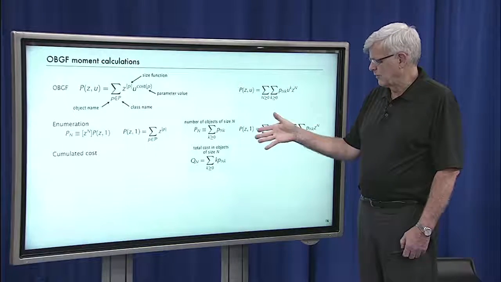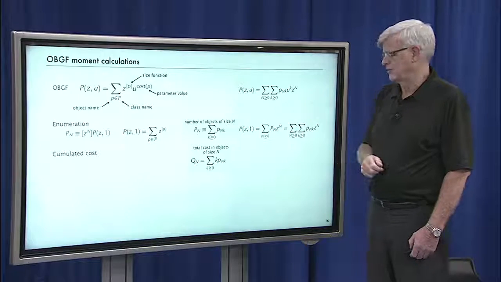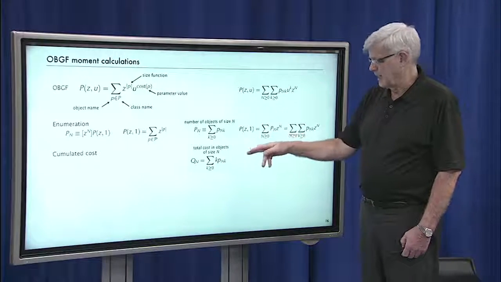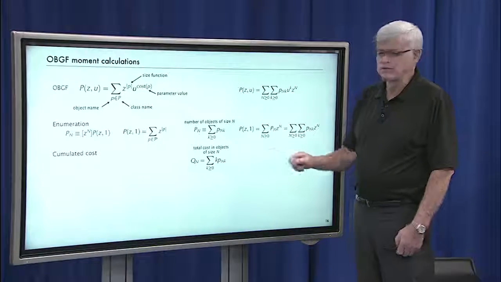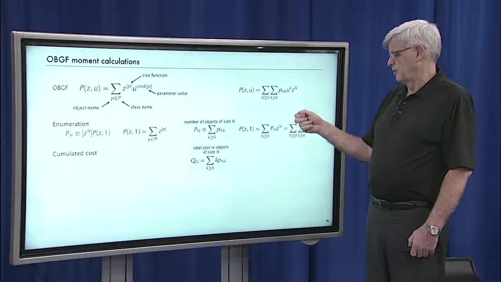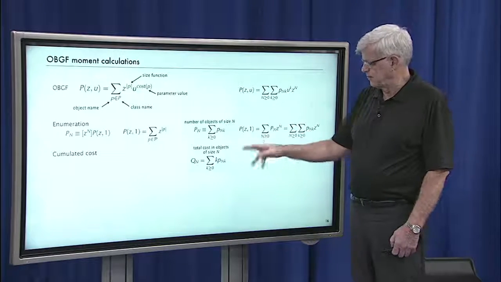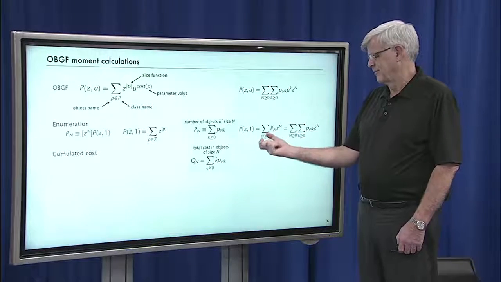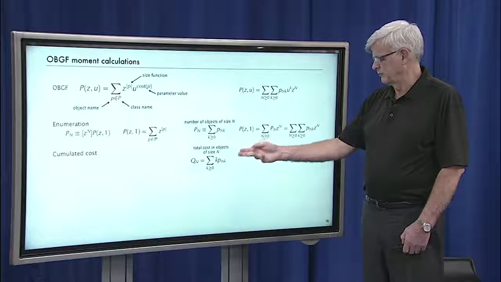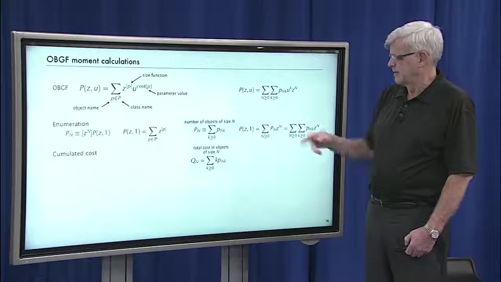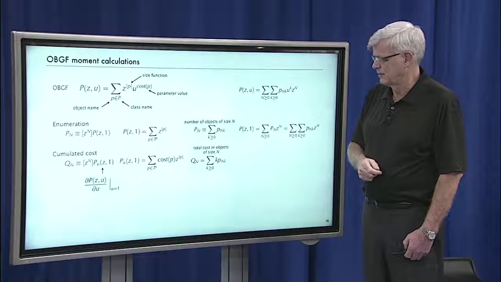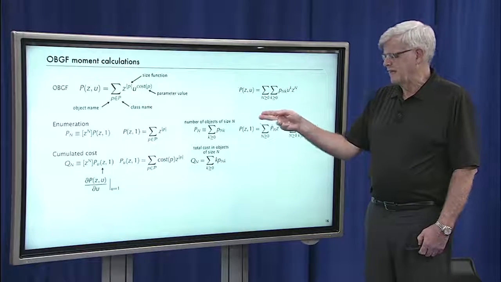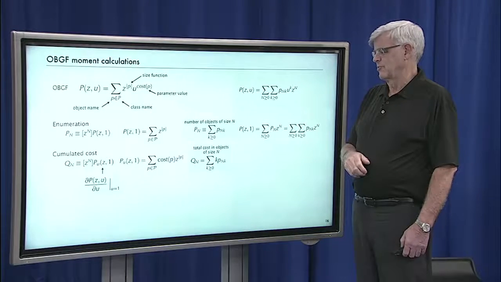So we're interested in the total cost in objects of size n. So again, that's for all values of k. We multiply the number of objects of size n that cost k by k. That gives the cost for all of those objects, and then we sum over all values of k. We'll just call that q sub n. What's that value in terms of the generating function?